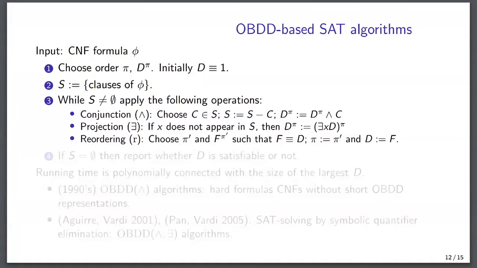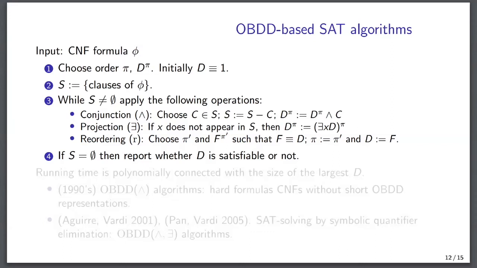And also there is the reordering rule, where we may decide to change the order in our diagram D. And in the end, if all clauses are downloaded, we just report whether D is satisfiable or not.